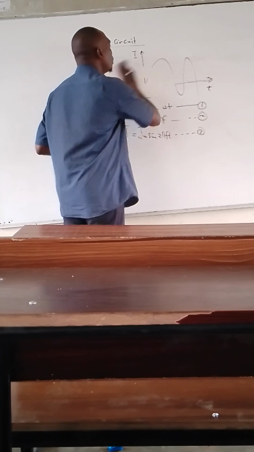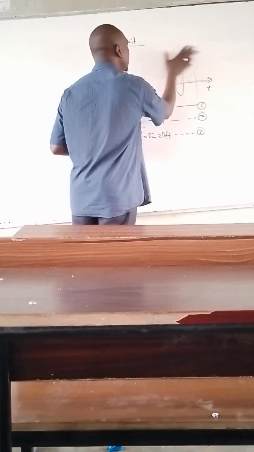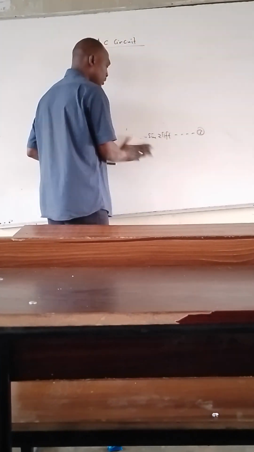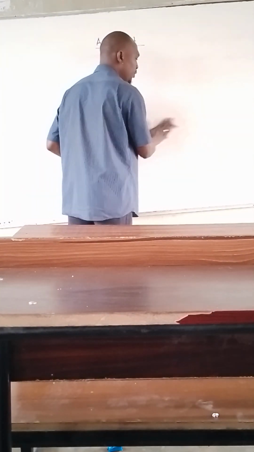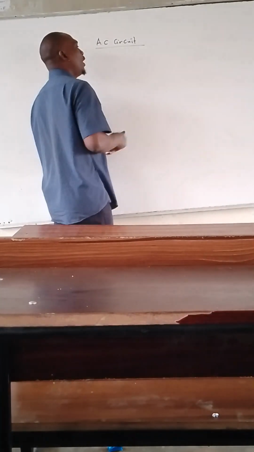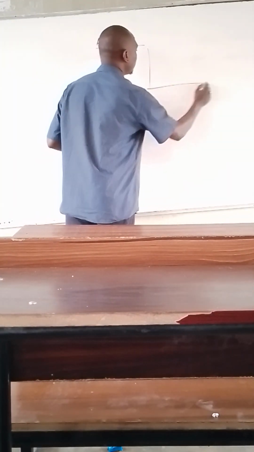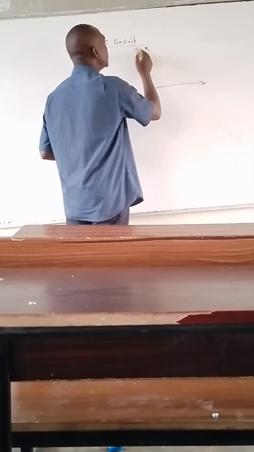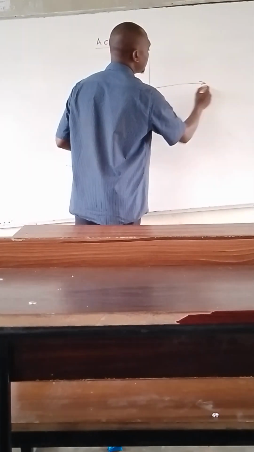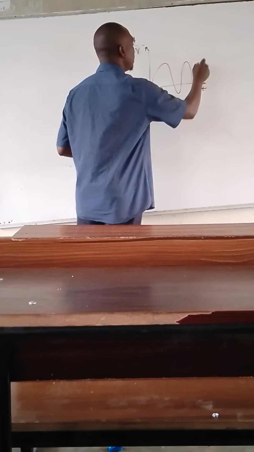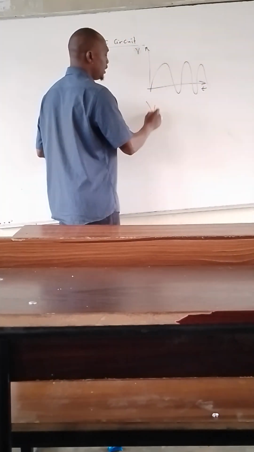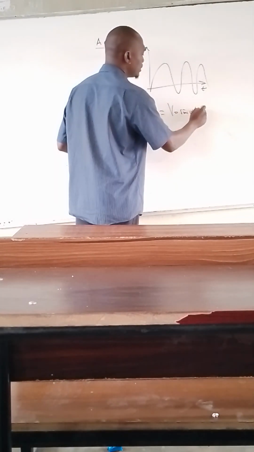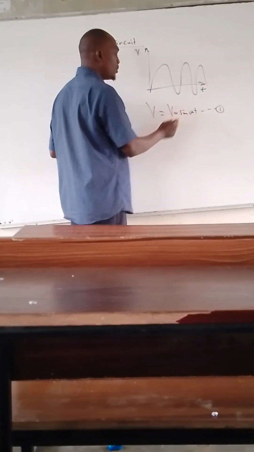Also, we can have a graph of alternating voltage. Alternating voltage is a voltage that specifically changes sinusoidally or periodically with time. We can plot the graph like this, V against t, where we have V equals V naught sine omega t. We call this equation 1. What is our omega?